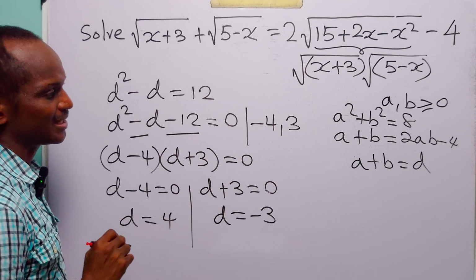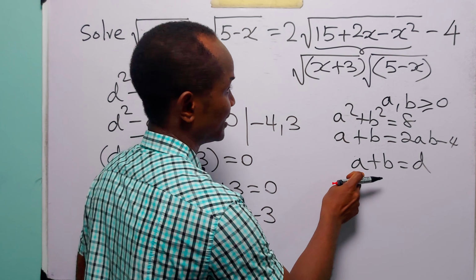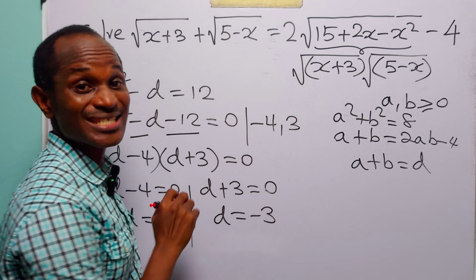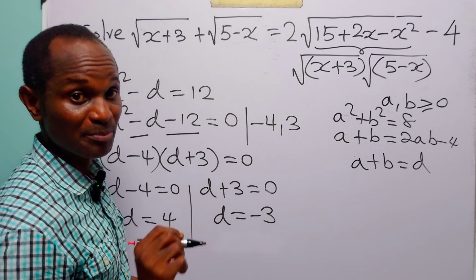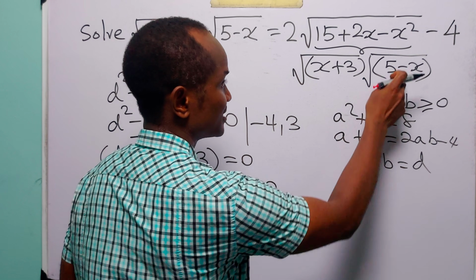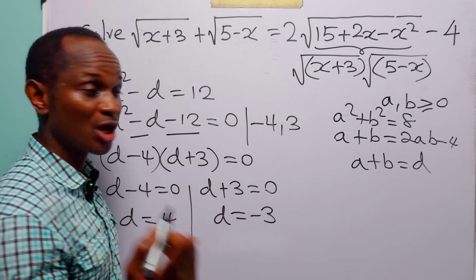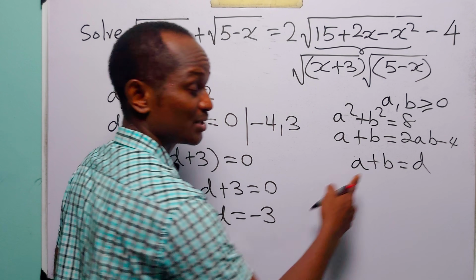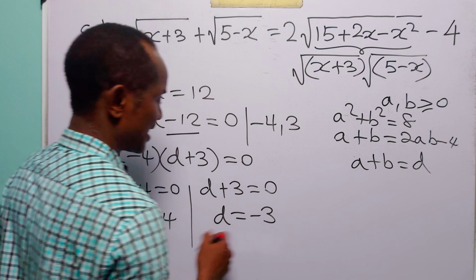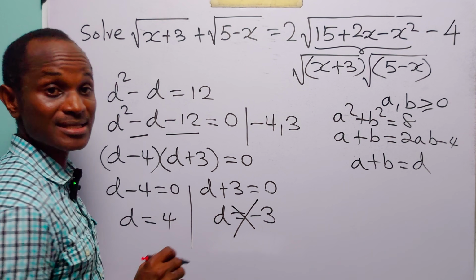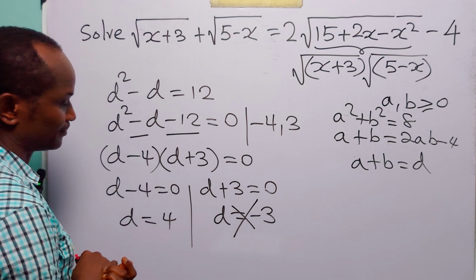But now remember that a is root (x + 3), which must be positive, and b is root (5 - x), which must also be positive. So that means that a + b must be positive. Hence, this answer is unacceptable.